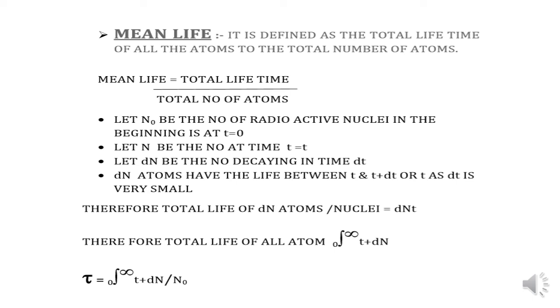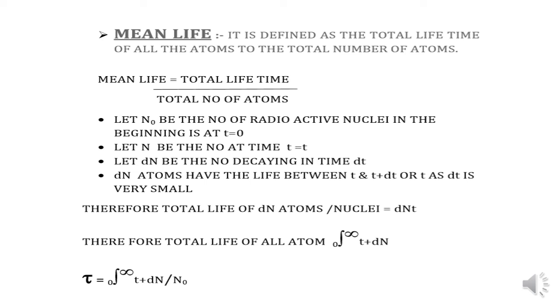Now, if dn atoms have life between t and t plus dt, where this time is very small, then the total lifetime of dn atoms or nuclei is dn into t. But the total life of all the atoms is equal to the integral from 0 to infinity of t into dn.